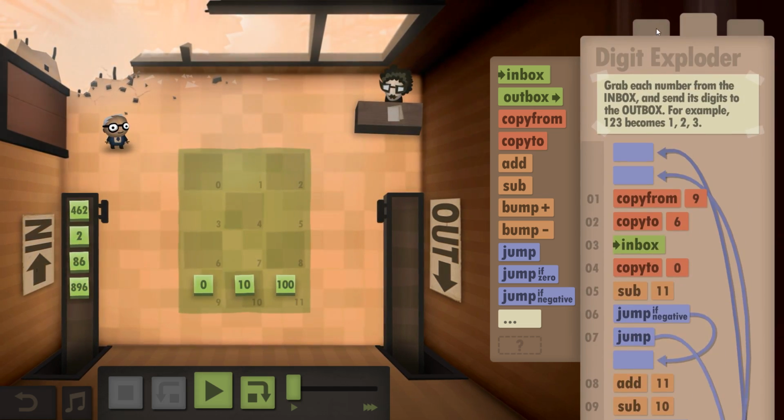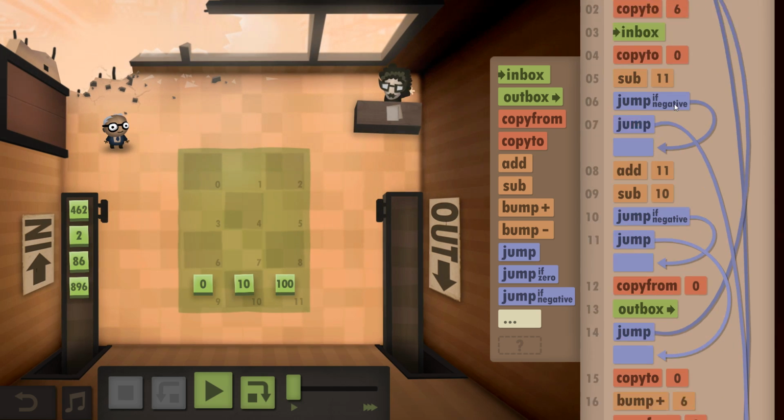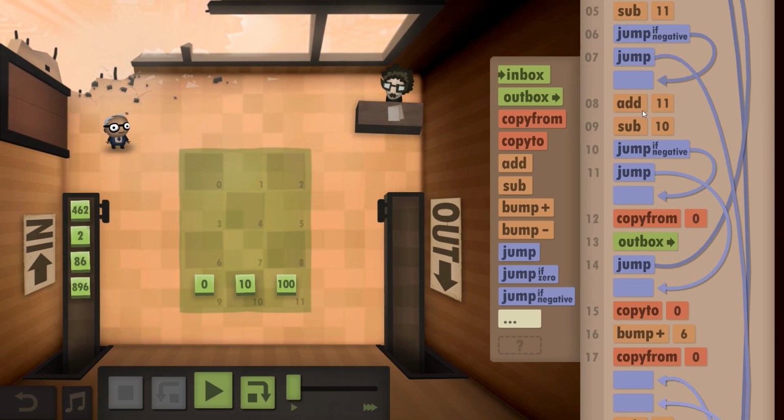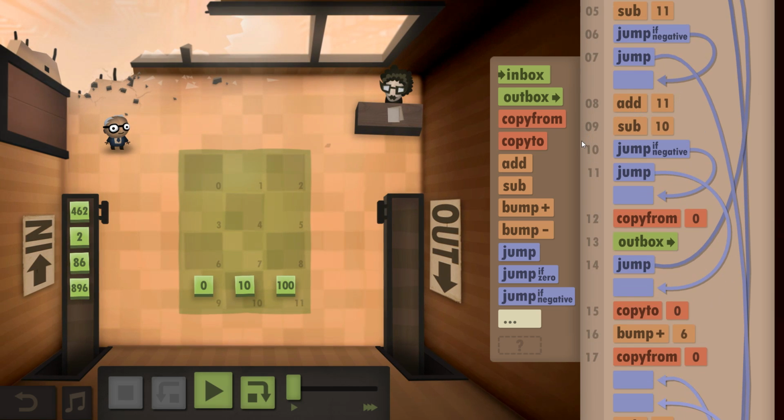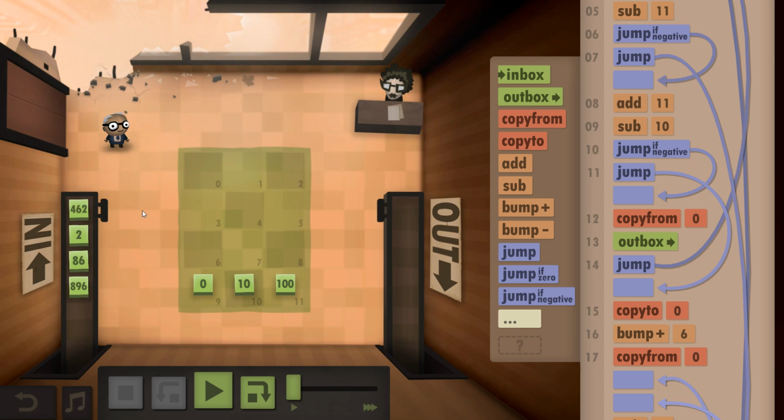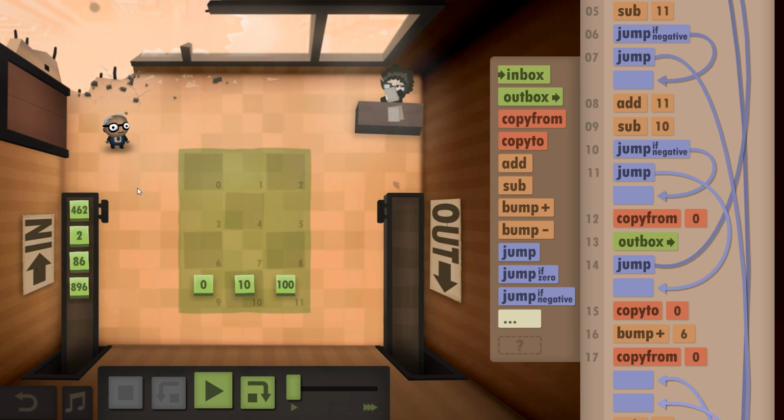No, it's not part of any of these solutions. But yeah, calculating the remainder is easier because I don't have to save the steps. Because I do just 462 minus 100 minus 100 minus 100 minus 100 minus 100, then it's negative, plus 162. That's my remainder, and I don't have to save or bump anything.